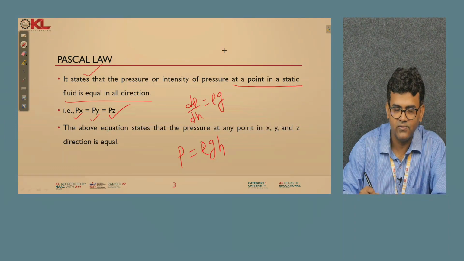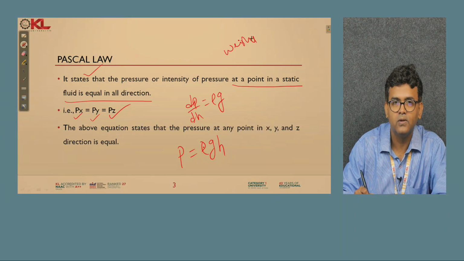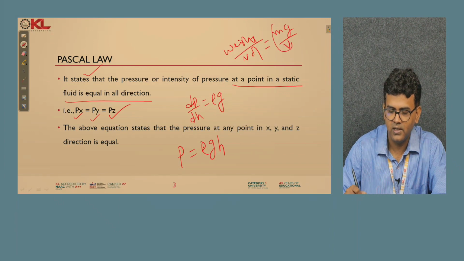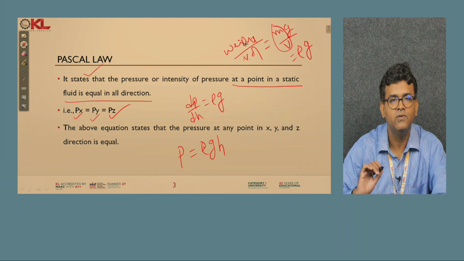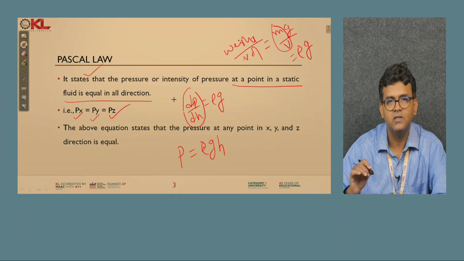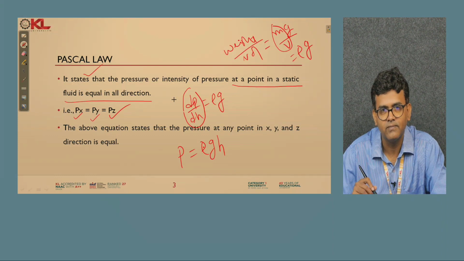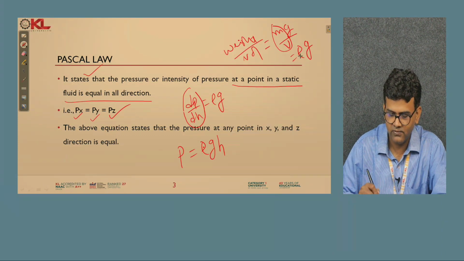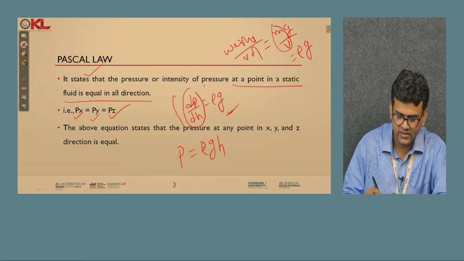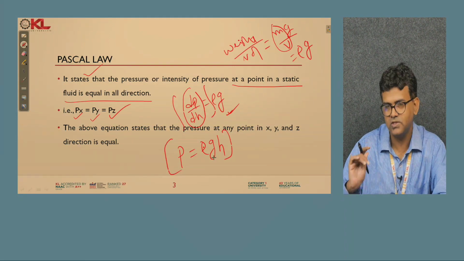Weight density is weight upon volume. Weight is mg, volume is v, so mass upon volume is rho, into g. That is weight density. So this change in pressure in the vertical direction is equal to the weight density. If you integrate, you will get P equal to rho gh.